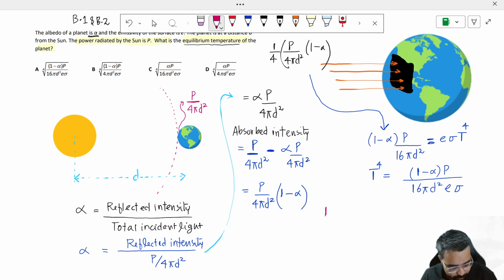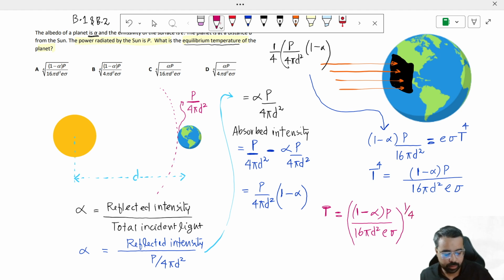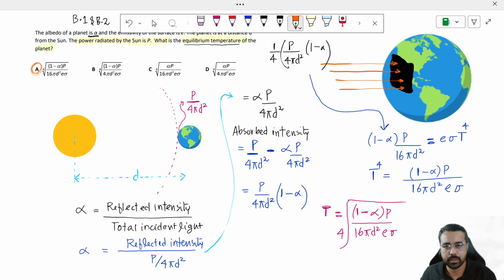So you can see that I'm taking 1/4, and 1/4 means the fourth root, so you can also write it like this. So that's why our right answer should be A. And remember that I have seen this same type of question many times in paper 2, so it's very important for paper 2 as well.